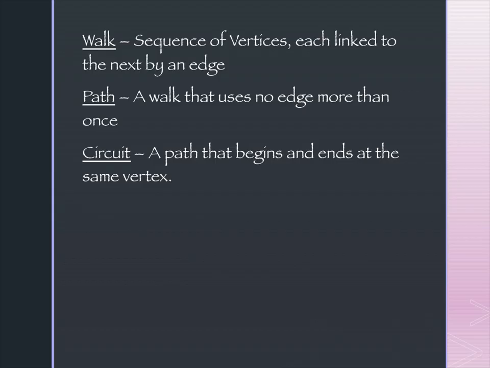Now, some really good imagery of this does work out to being on our campus, okay? So let's imagine, and we'll label it kind of like we did before, that each vertex is a building on campus, okay?